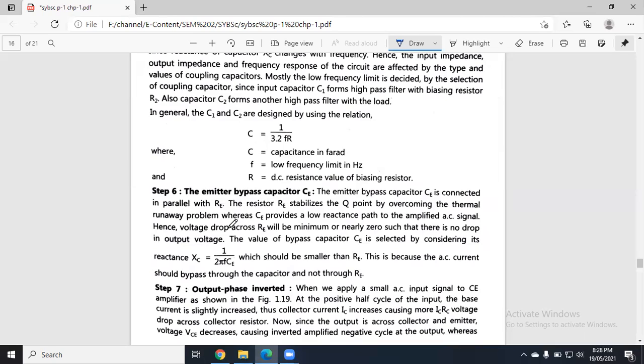This is because AC current should bypass through the capacitor and not through the resistor. The value of the capacitor should be less as compared to the resistor. Why? Because we don't want our signal to drop, or we don't want our signal to bypass through RE. We want to bypass it through the capacitor. That is why the value of the capacitor should be less.